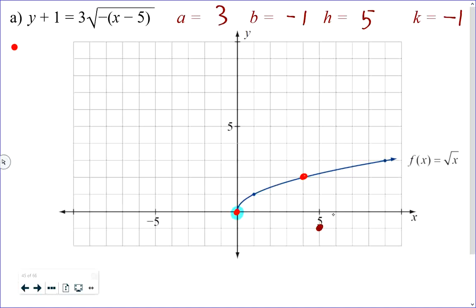So we're going to take this key point, which is on here. Don't forget, this is the new point. And we are going to stretch it vertically by a factor of 3. Reflect it across the x-axis and then go 5 to the right and 1 down. And then we can sketch it.